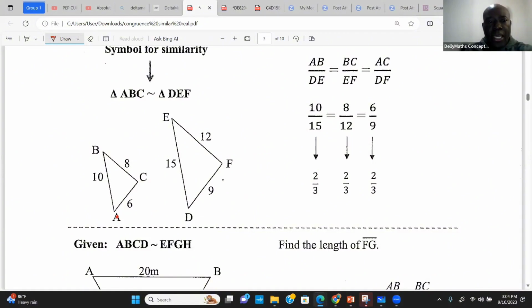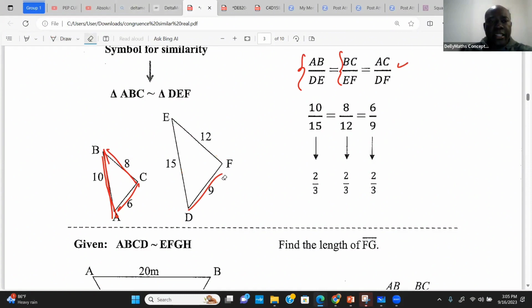For example, AB, which is this, is going to be linking to DE. So you could see AB over DE as a ratio, BC with EF as a ratio, and then AC with DF. We're seeing those as a ratio.